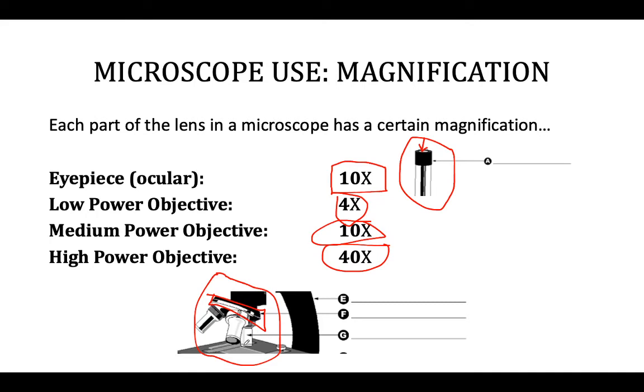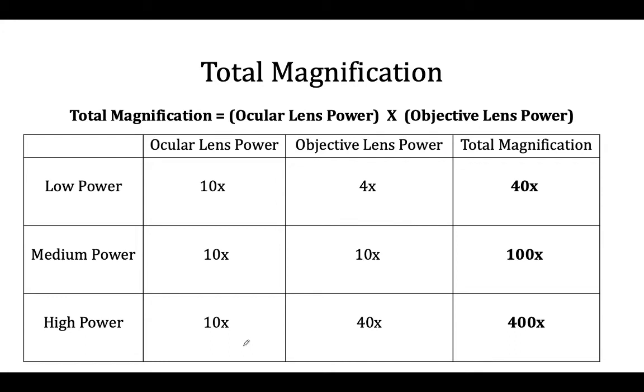However, these parts are obviously connected in a microscope, right? So how do we figure out the total magnification of what you're looking at through the microscope? We have to use this particular formula right here. You're taking the magnification of the ocular lens power and multiplying it by the magnification of your objective lens power. Your objective lens can be one of 3 things. It can be low, medium, or high, and each of those has a different magnification, just like we talked about.